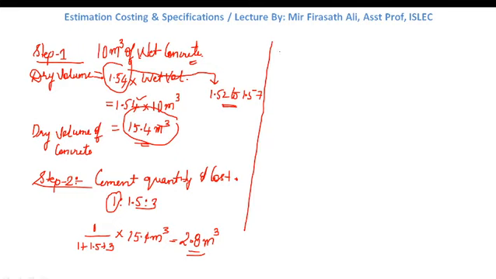As we know, the density of cement is 1440 kg per meter cube.